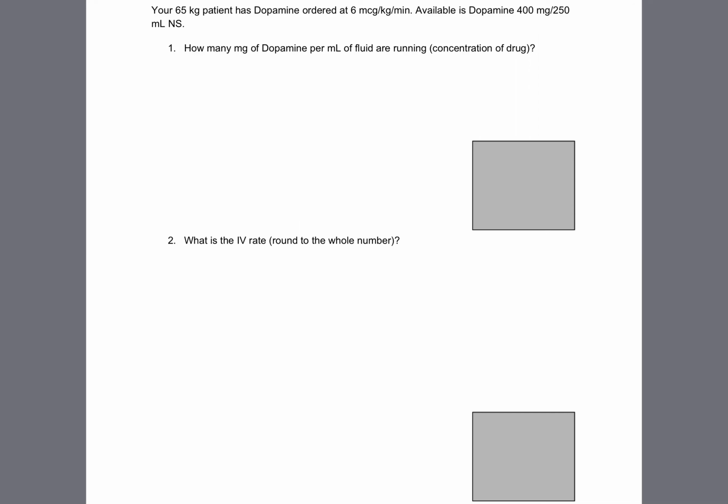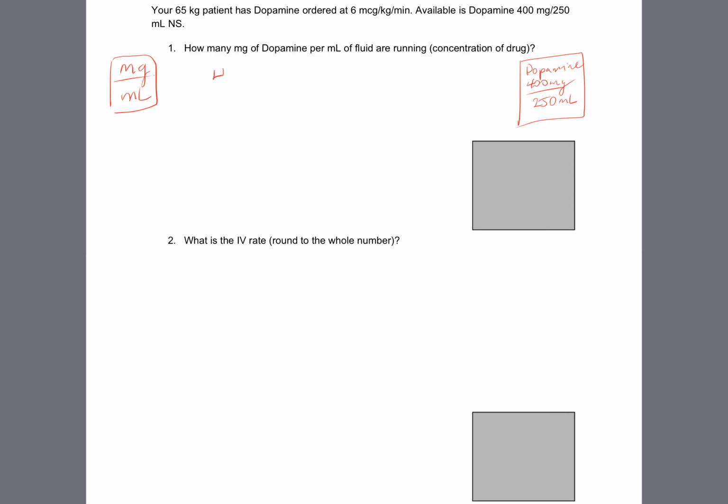So basically, what they're asking for is the final units are going to be in milligrams per ml. And you have this bag of dopamine, and there's 400 milligrams per 250 ml. And so what we're trying to find is how many milligrams per 1 ml.